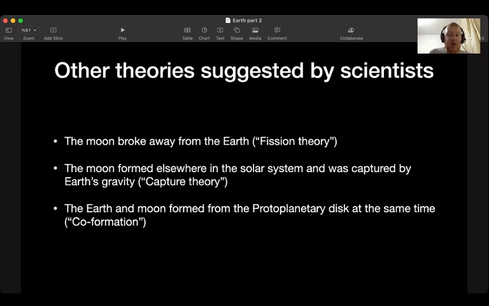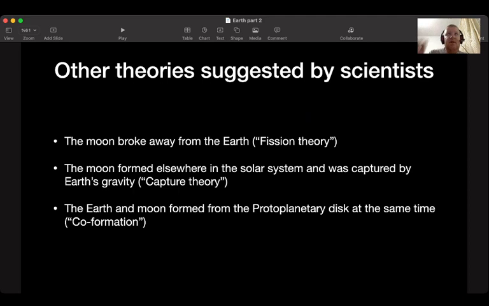So there are multiple different theories suggested by scientists. Theory one, the Moon broke away from the Earth. That's the fission theory. Some scientists think the rock just came out of the Earth and started floating away from us.